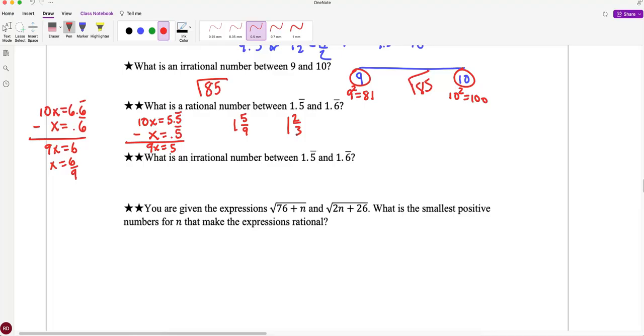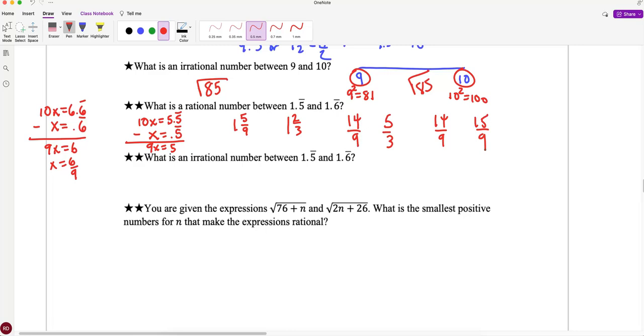So if I put this into improper fractions, it's a number between 14/9 and 5/3. So I need a number that's in between there. Let's convert this to the same denominator. So a number between 14/9 and, if I multiply by 3, 15/9.